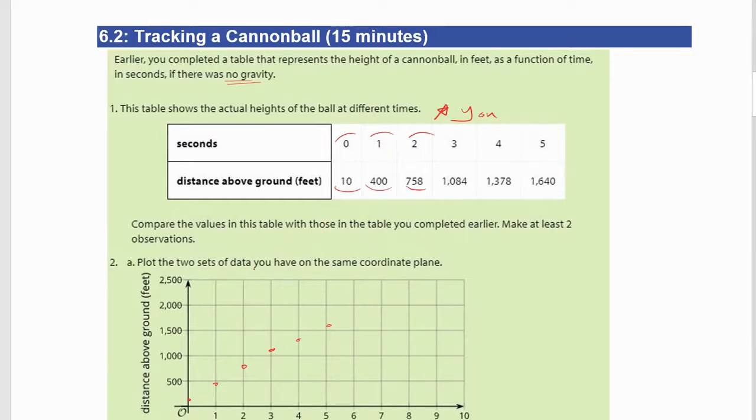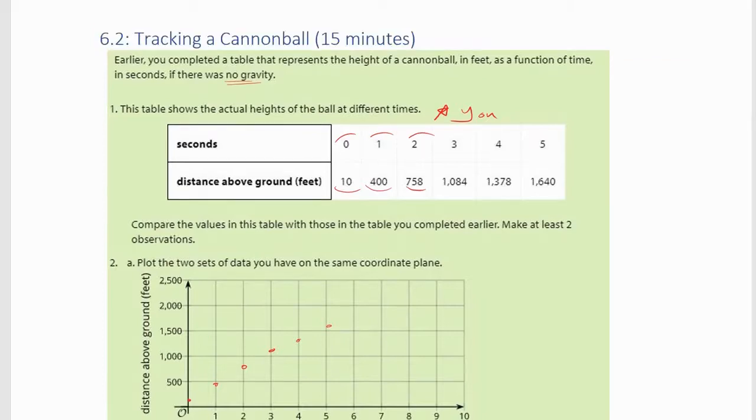If you plot the old table, though, all right, let me use a different color here. Let's use blue. So if we use the old table, we had 0 comma 10, which is the same area. And then we had the 4, what was it?